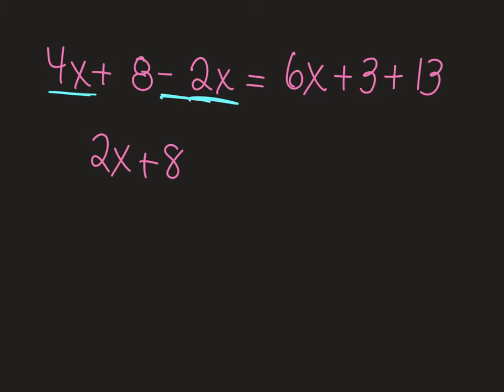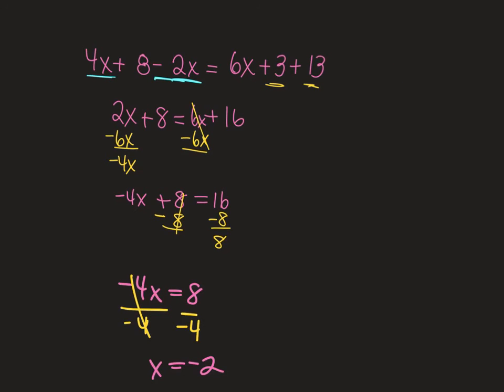I rewrite the plus 8. 3 plus 13 is 16. Rewrite the plus 6x. Now it looks like what we've been doing, and I'm ready to start solving. And my final answer is x equals negative 2.